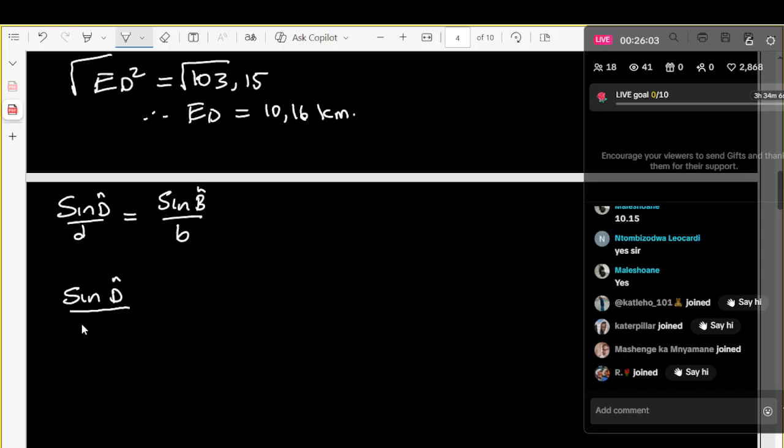I'm going to equate this to the sine of B, which is the sine of 113 degrees, divided by small b, which is ED, the 10.16 that we just calculated.